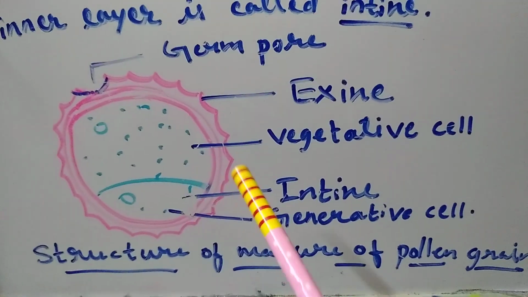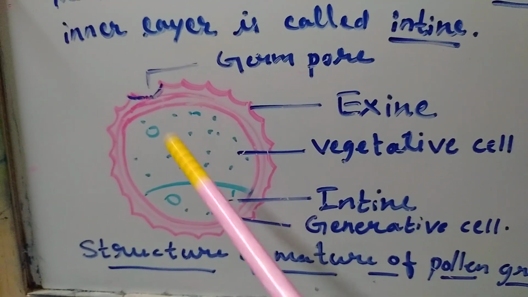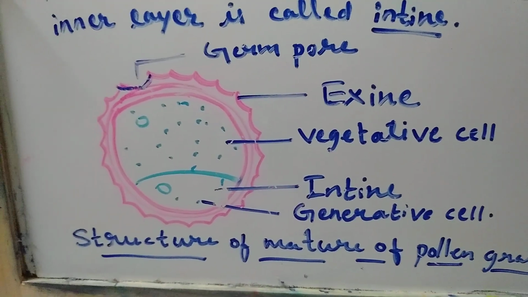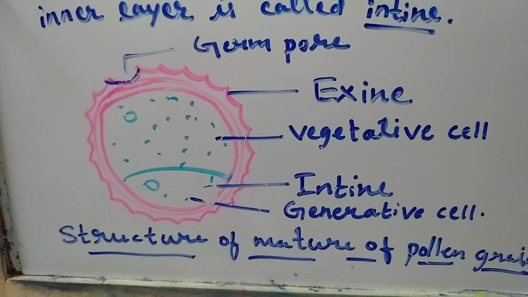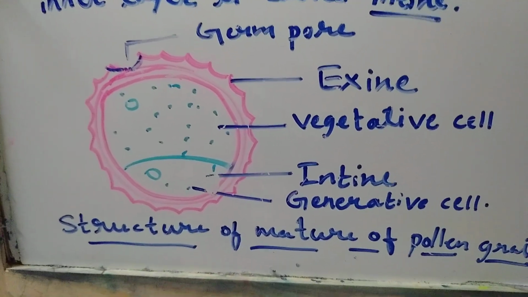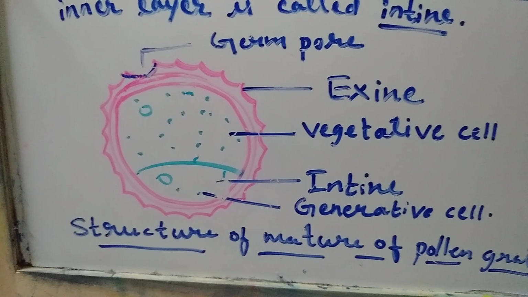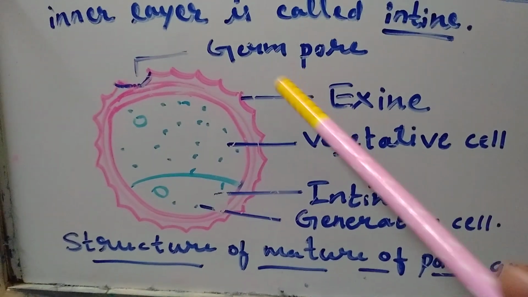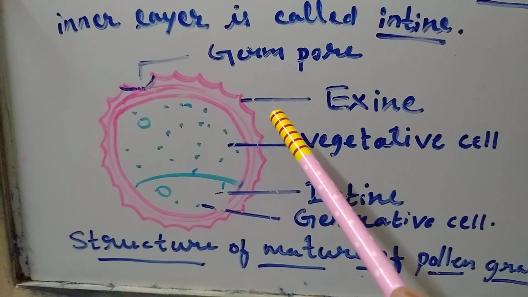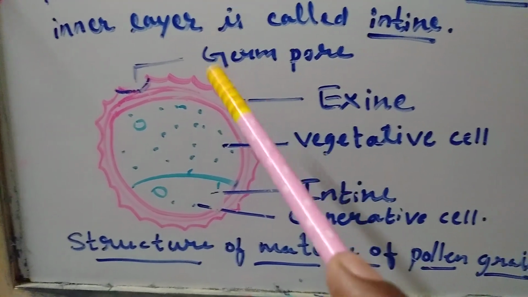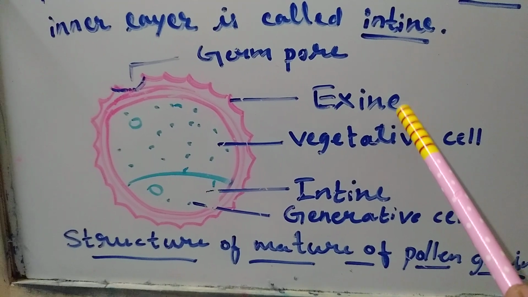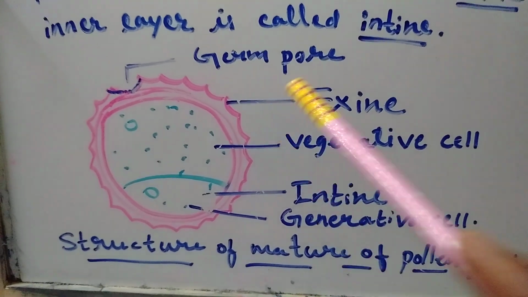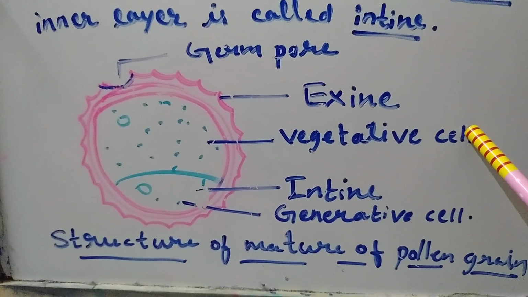The exine often produces spines, ridges and other types of surface outgrowths which are different from one species to another species. They produce different kinds of outgrowths and it is not similar in all species.